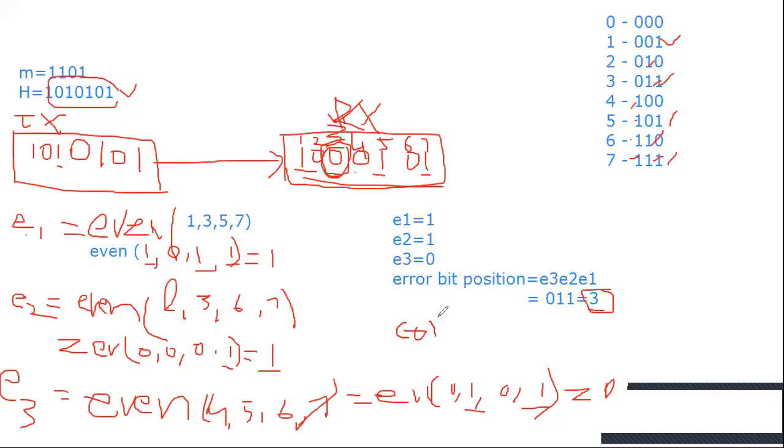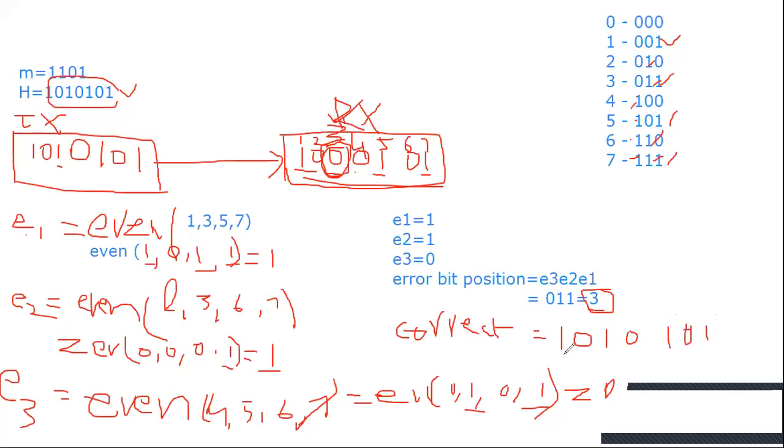If we correct that third bit, then what is the correct data here? Correct data is equal to 1 first bit, 0 second bit, third bit is 0, but that is wrong. So the correct bits are 1, 0, 1, 0, 1.